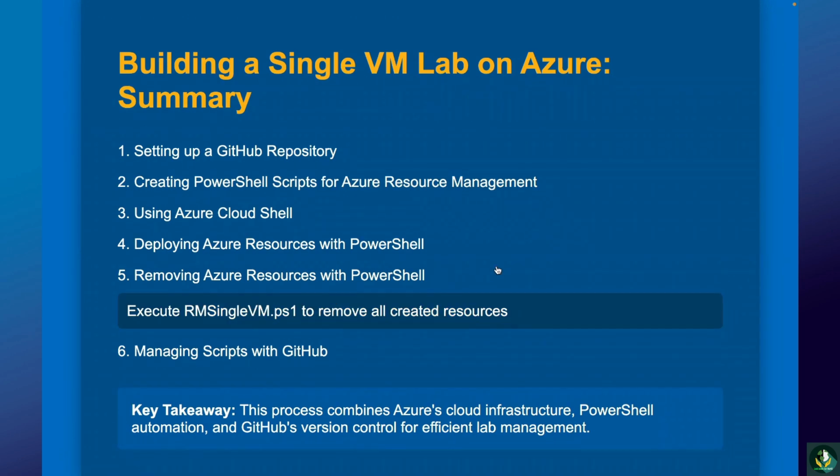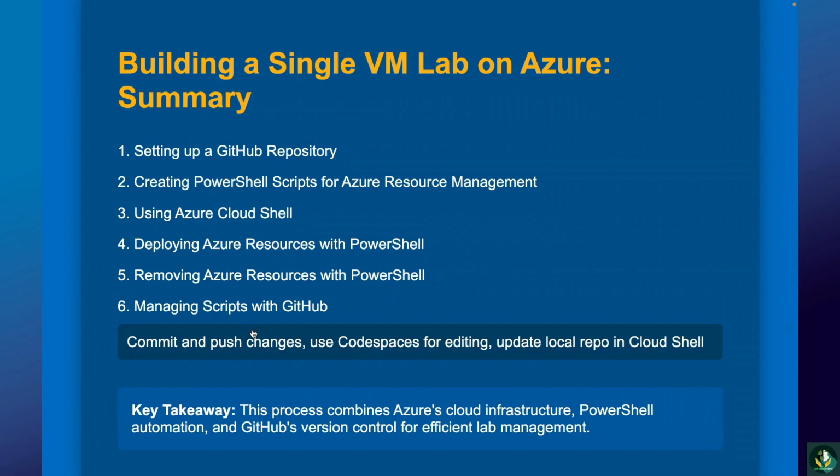We'll execute rm single VM script to remove all created resources. So the automation, that'll be full cycle automation, creating and removing resources. And I'll show you also how to manage scripts within GitHub, how to commit and push changes, use code spaces for editing, and update local repo in Cloud Shell.